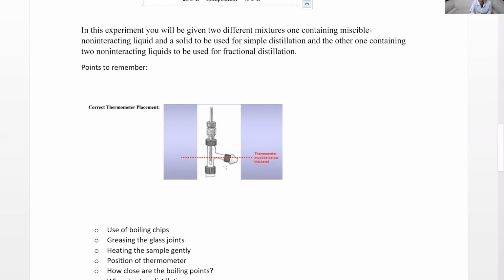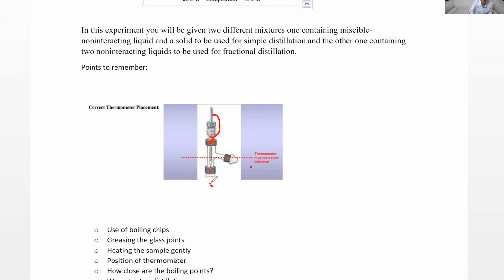The thermometer must be below the level of the condenser. So this is the three-way adapter or distillation head. One way goes to the condenser, one is attached to the boiling flask or the fractionating column, and one is holding the thermometer with the thermometer adapter. This thermometer bulb should be lower than the level of the condenser. If it's too high, it would record a lower temperature. If it's too low, it's recording a higher temperature.